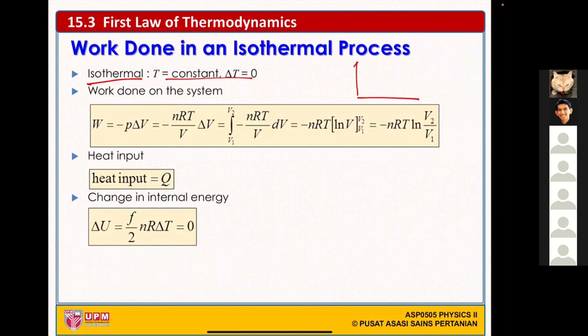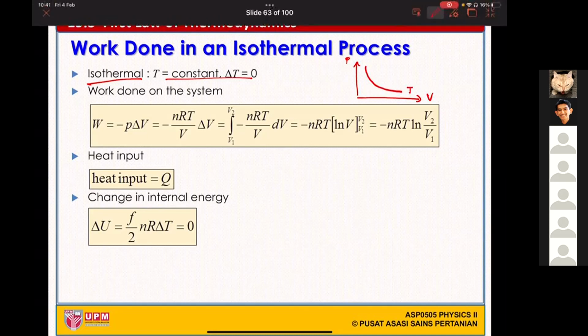So, kalau kita tengok proses, kalau kita lukis graf P melawan V, so this is a plot dia. Dekat constant temperature, katalah kita ambil daripada position A kepada position B. Position A ni dia ada V1, P1.